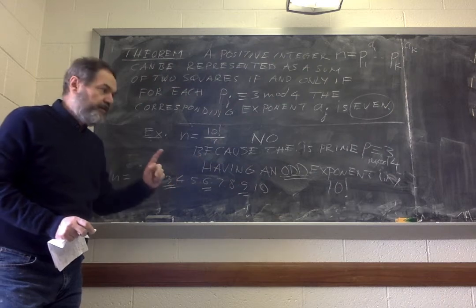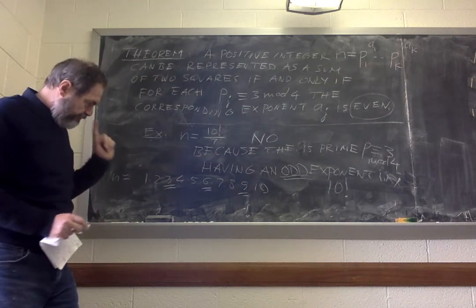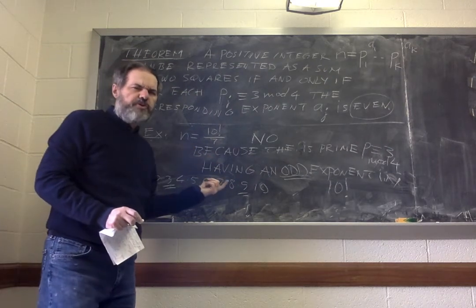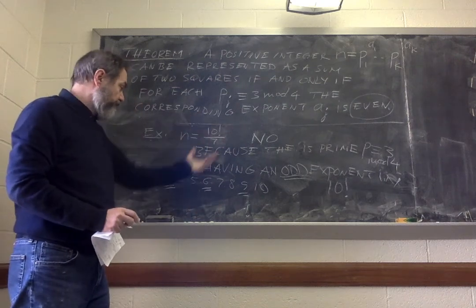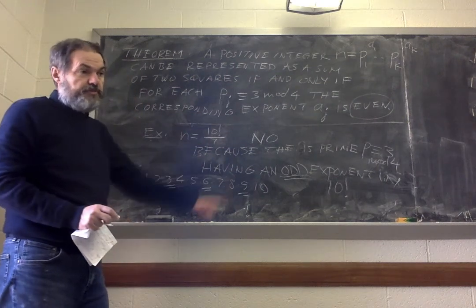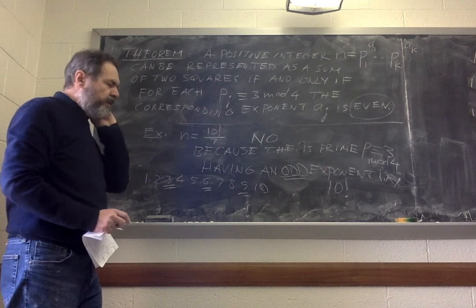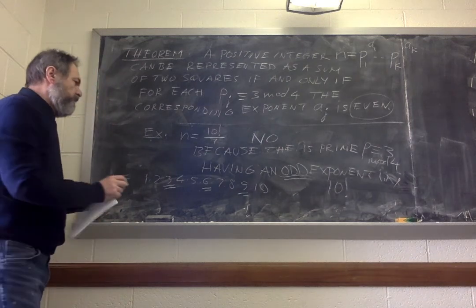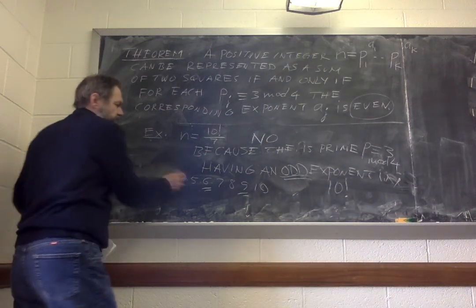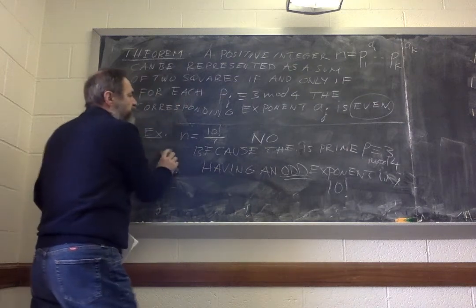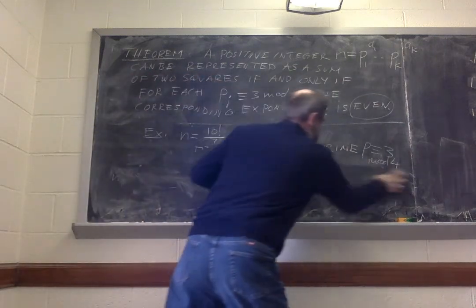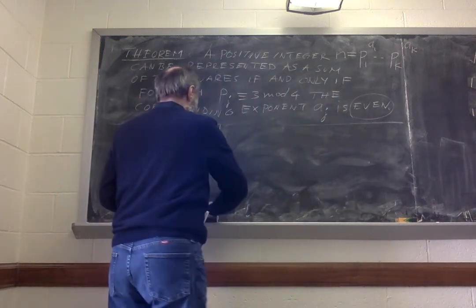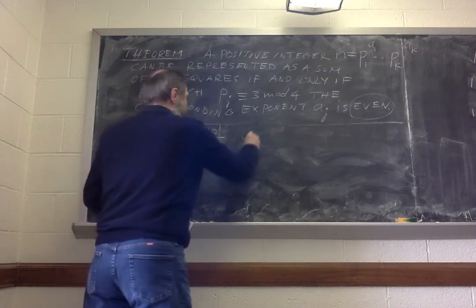Because the only other prime congruent to 3 mod 4 in this prime factorization is 3, and 3 appears with an even exponent. Okay. So in this case, the answer is yes.